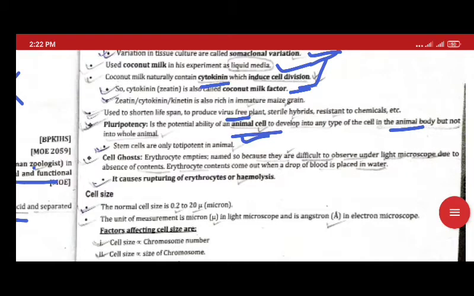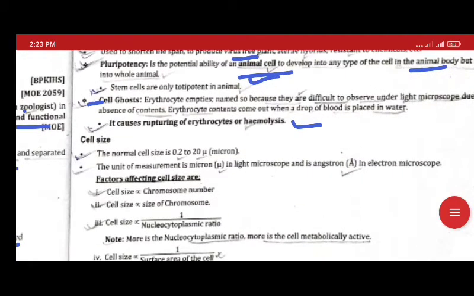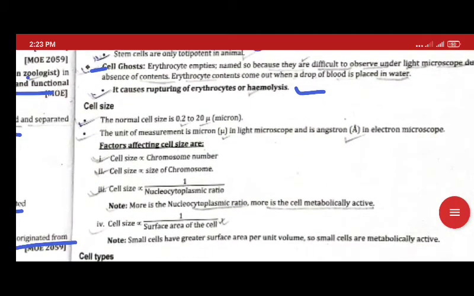That is called a cell ghost, meaning no cytoplasmic content is there. So this is called rupturing of erythrocytes, or hemolysis, as we have studied in animal tissue.